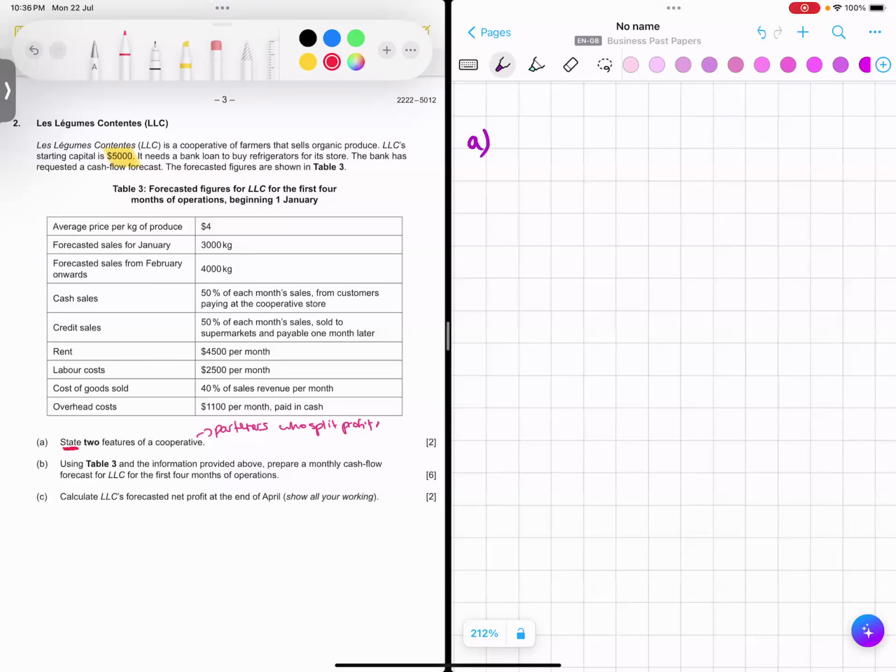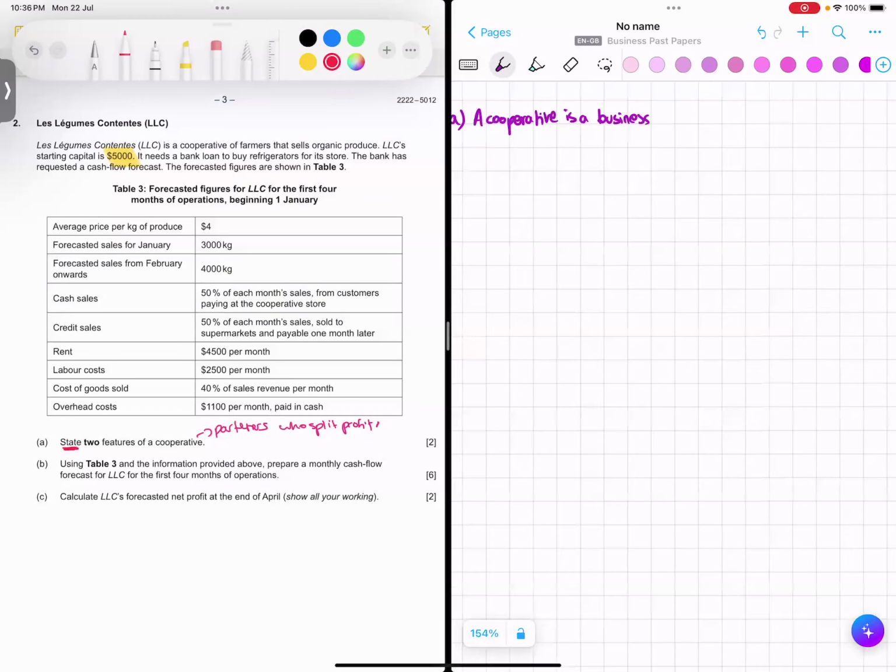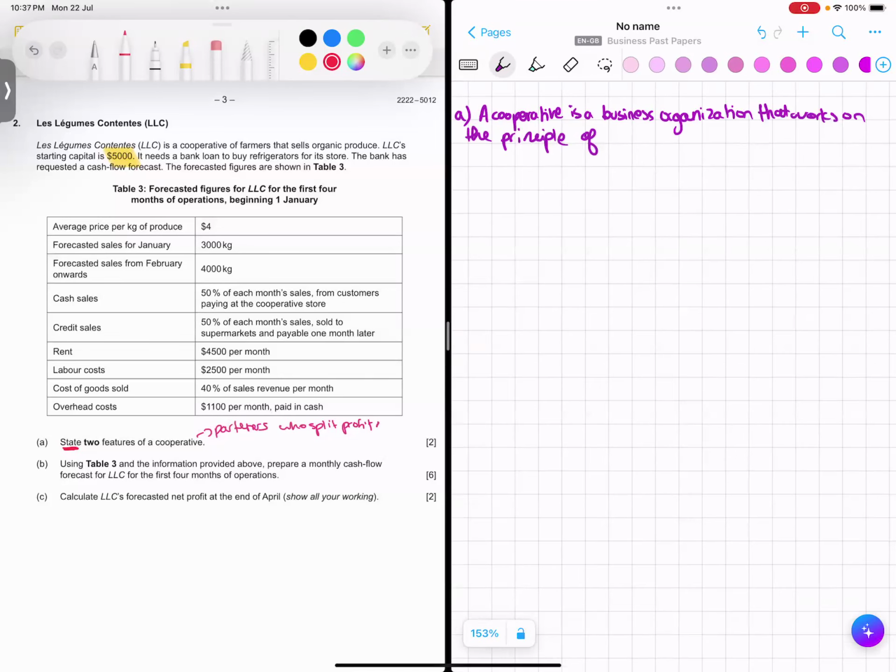So, a cooperative is a business organization that works on the principle of sharing welfare.